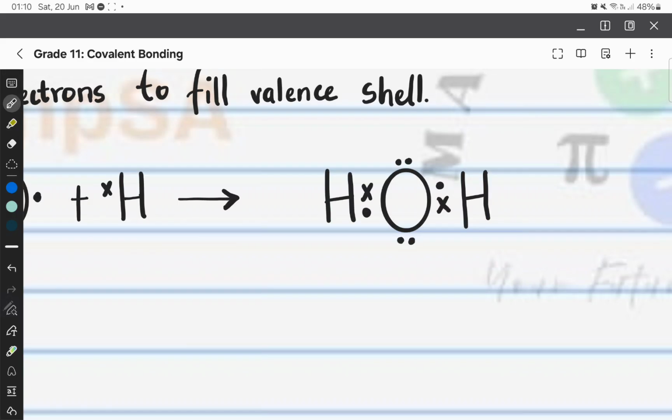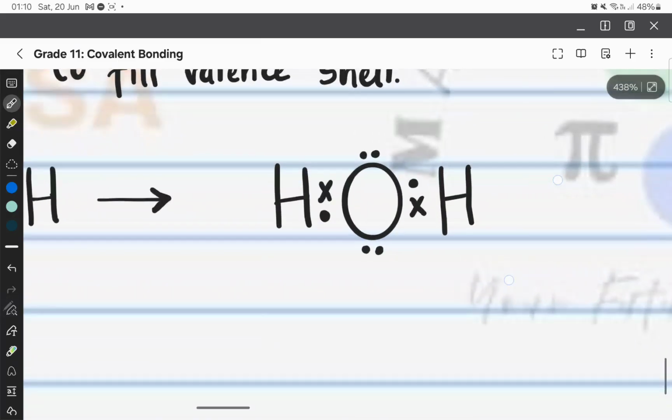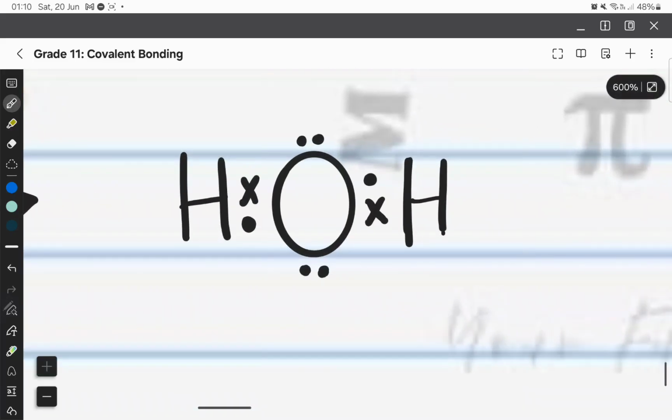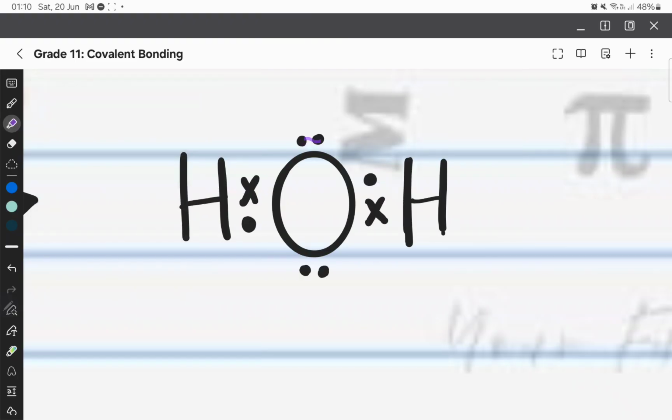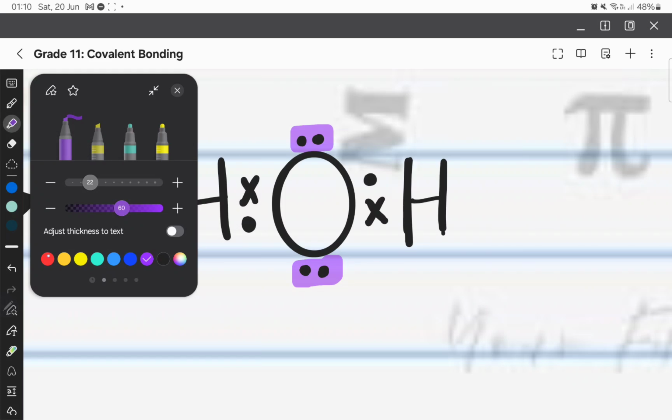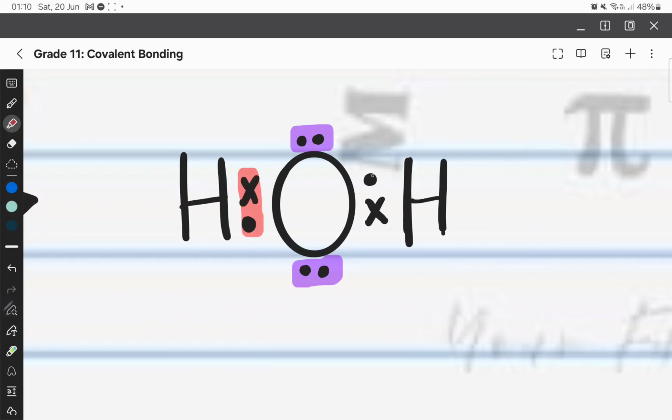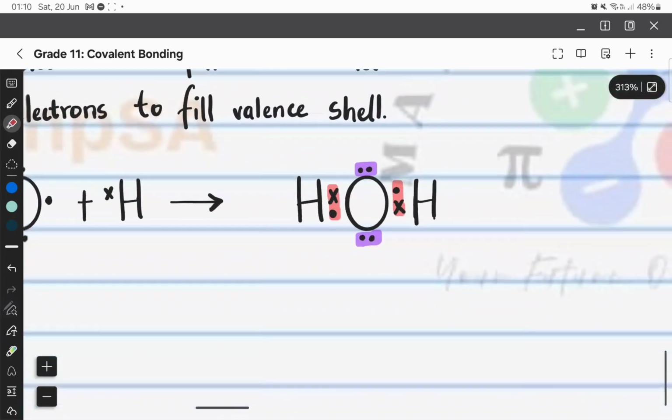Hydrogen now has 2 electrons. The other hydrogen as well has 2 electrons. Oxygen has 8 from 6. So everyone is now happy. If you check, we have 2 lone pairs and 2 bonding pairs. So here we have 2, 2.